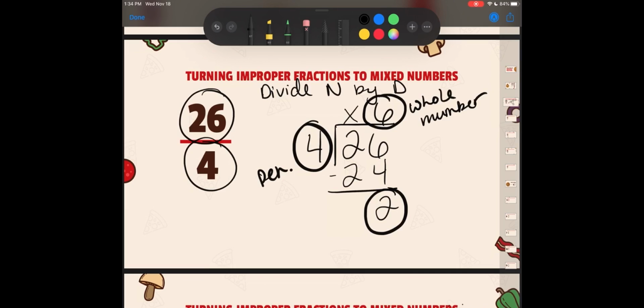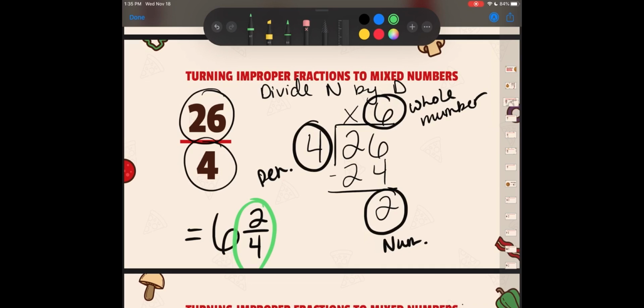Whatever we were dividing by, which is our denominator, is going to stay our denominator. And our remainder, which was 2, is going to be our new numerator. So now that I know what is assigned to what, 26 fourths would be equal to 6 and 2 fourths.